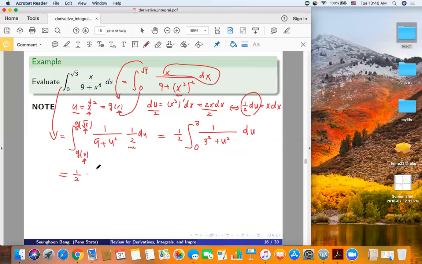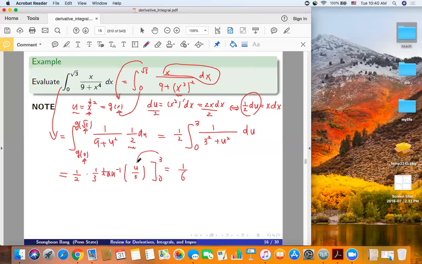So we have 1/3 inverse tangent of u over 3 from 0 to 3. So this is the same as 1 over 6.